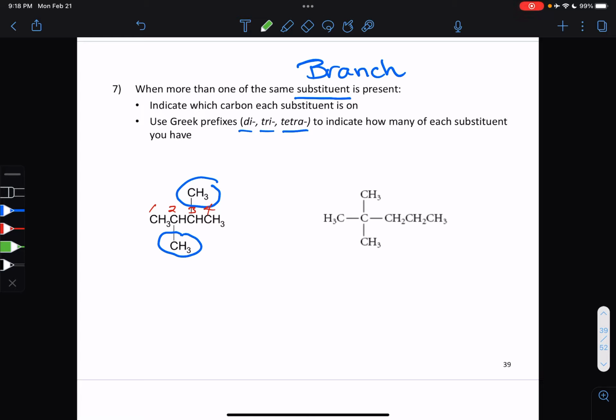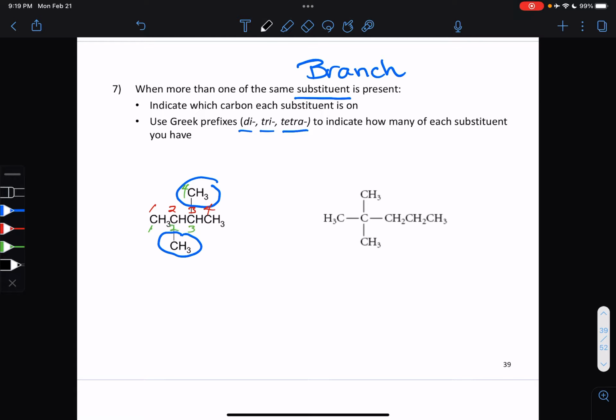Or 1, 2, 3, 4, or 1, 2, 3, 4, those would all give us 4-carbon chains.